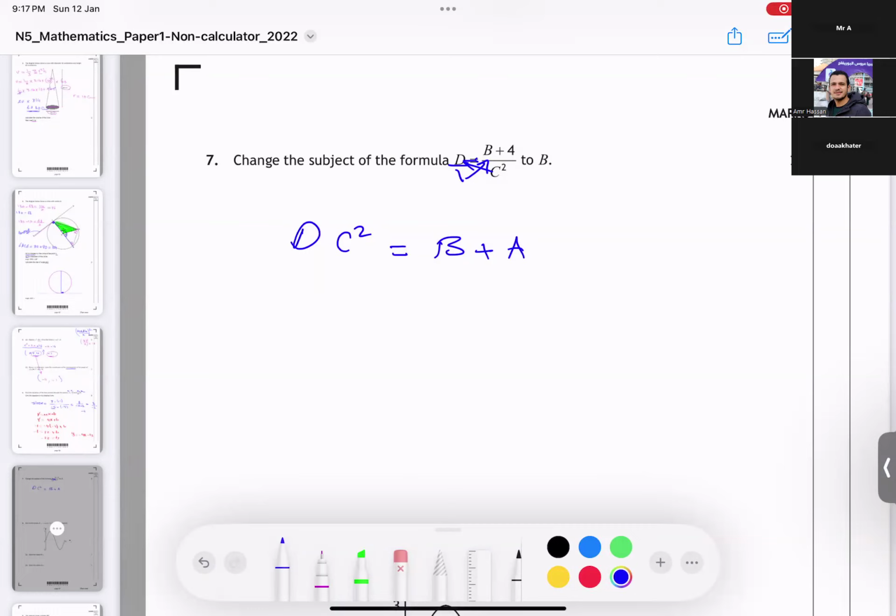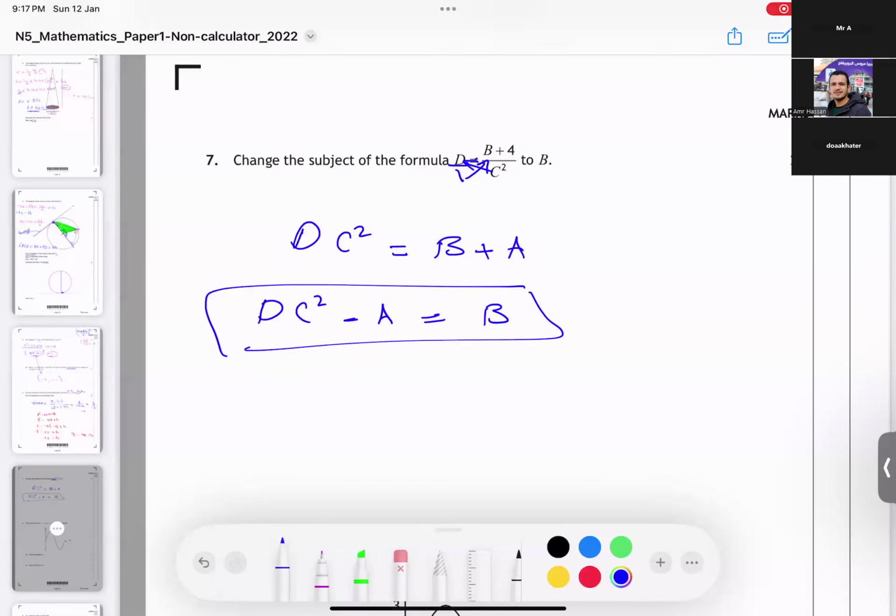Yeah, take away a. Is that it? Wait, did you get it? So what did you do? What did you do at the start there, like with d and c? Wait, hold on. The first thing, what did you do in the first step?